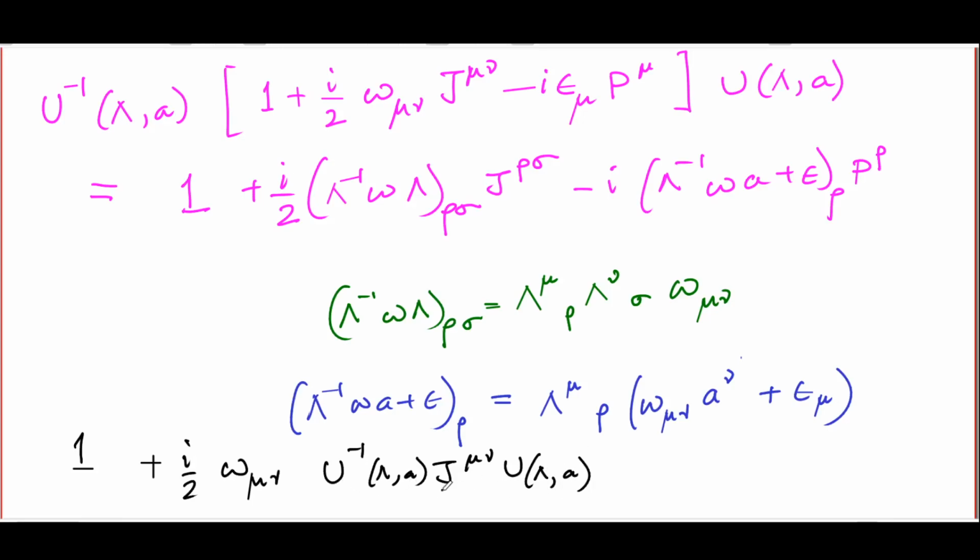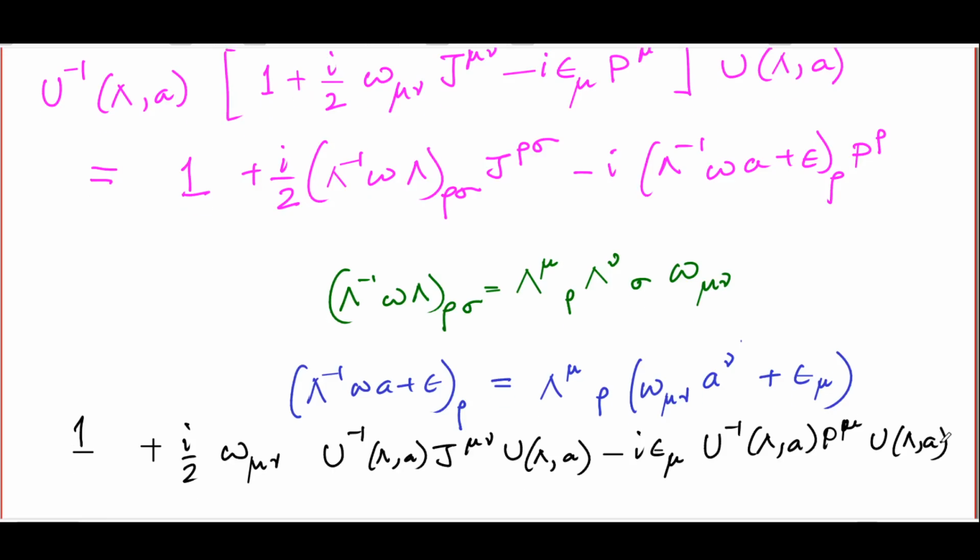This is the transformed version of J mu nu for the observer O prime. And then you have the transformed version for the operator P mu. So that was the left hand side.